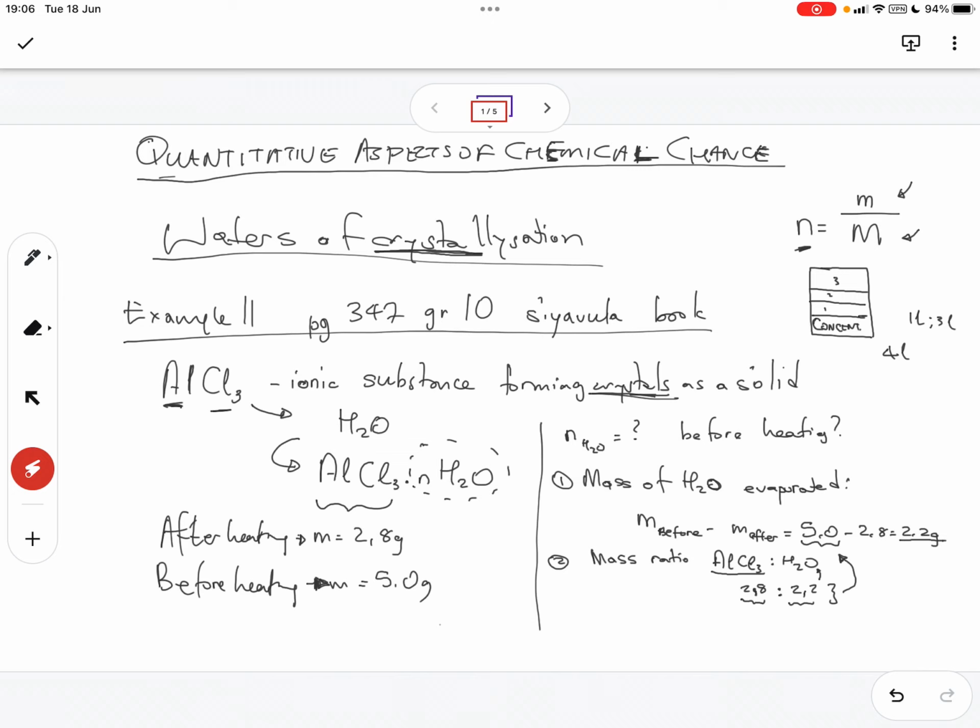So last week we were doing quantitative aspects of chemical change. And we were looking at the composition of chemical compounds. In one case, the compound would have the formula given, and we would have to find, if it's H2O, what's the percentage by mass that the hydrogen occupies, and what's the percentage by mass that the oxygen occupies.